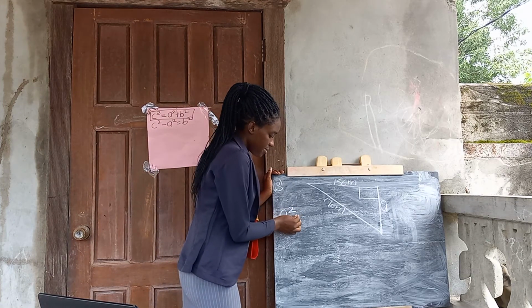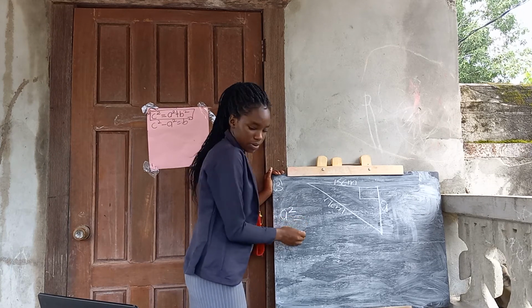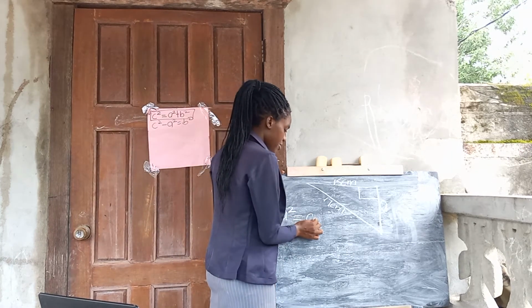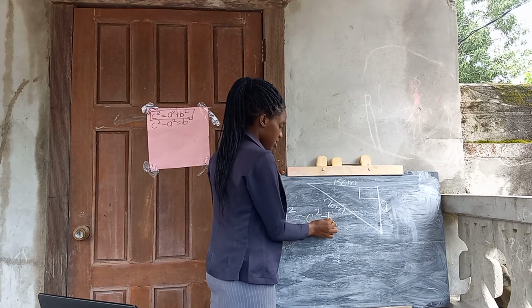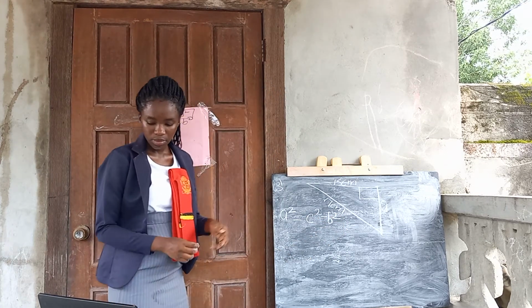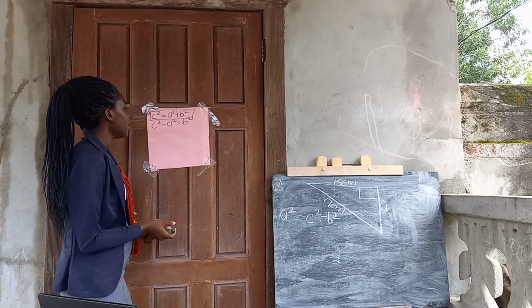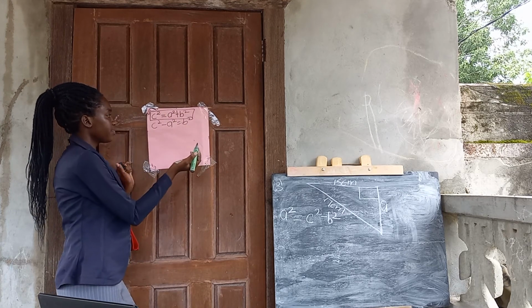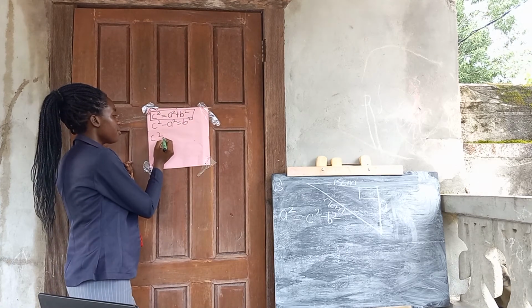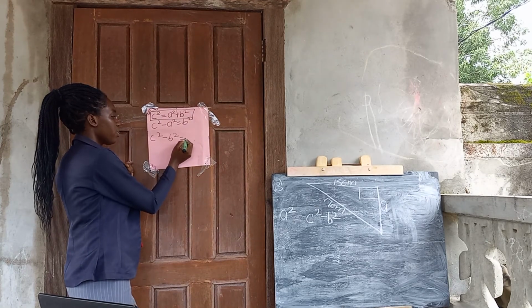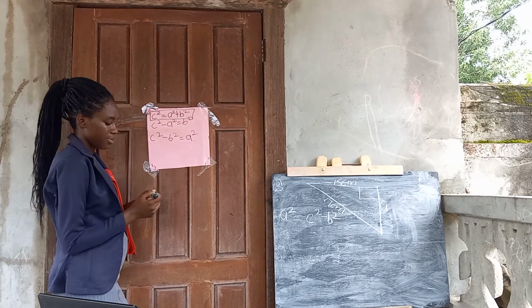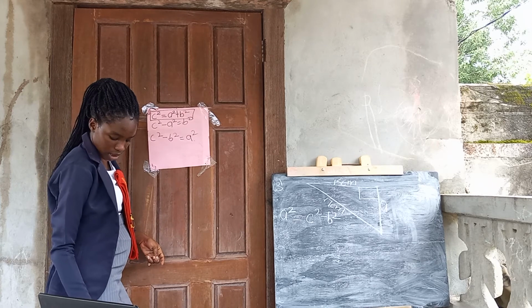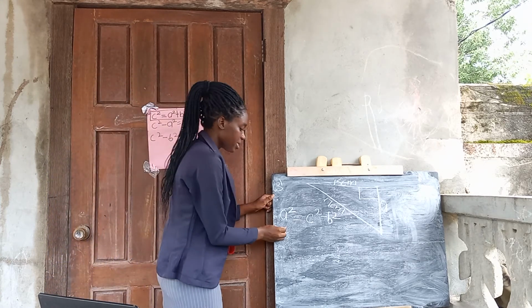A squared is equal to c squared minus b squared. So Unil made A the subject of the formula. So c squared minus b squared is equal to a squared. Right? Good.